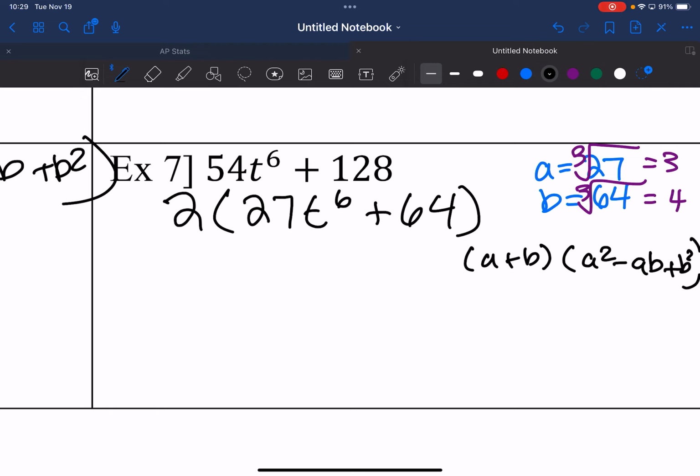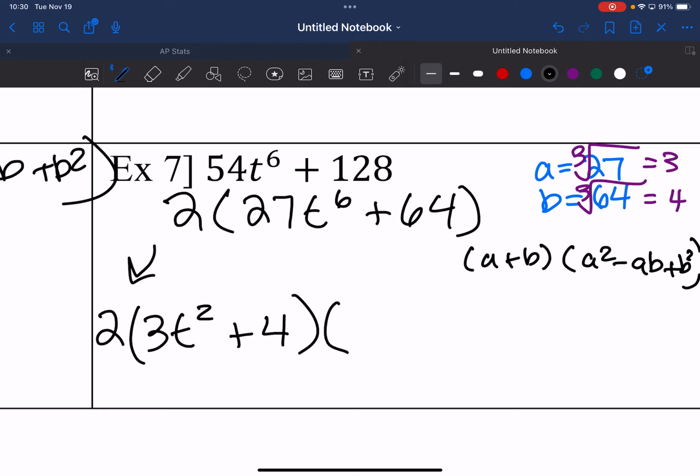Okay, so a plus b, that's going to be 3. We're going to use one more variable than before. So instead of 3t, it's going to be 3t squared. So 3t squared, and I can't forget to bring down that GCF. Okay, plus 4, because that's my b value.